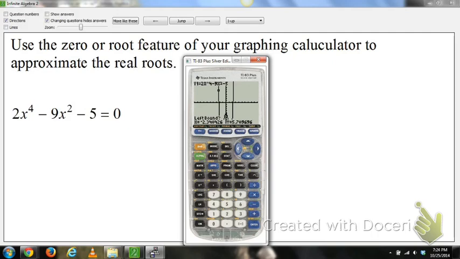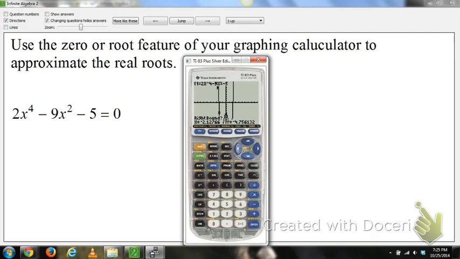You can see right there, those crosshairs are above the 0, but it's definitely to the left of that 0. The crosshairs had to travel just a little bit to the left of it to get to that point. When you are to the left of that coordinate, hit the enter button, and then it's automatically going to ask me for the right bound. So I'm going to hit the right arrow key and arrow to the right of that coordinate.